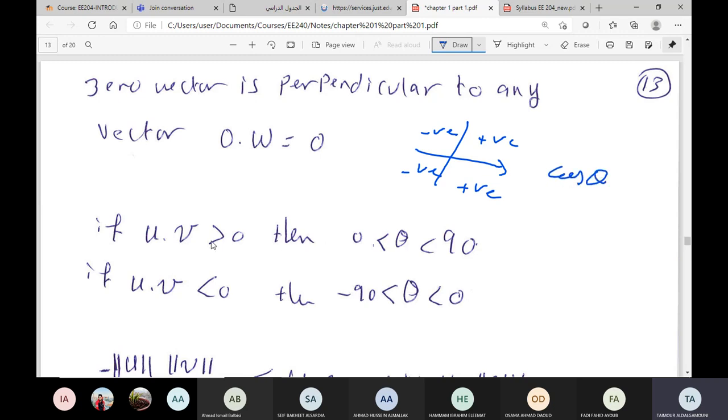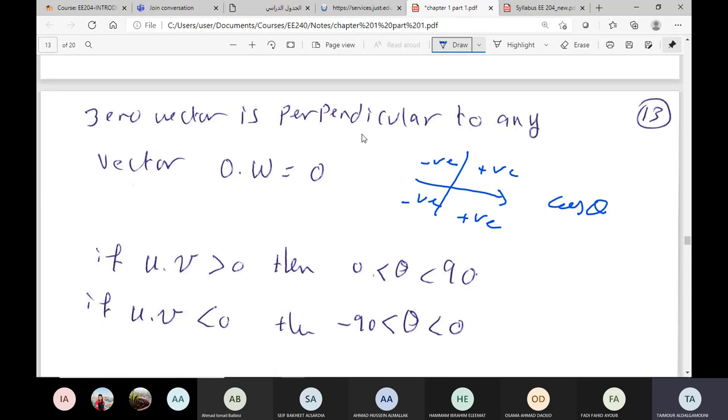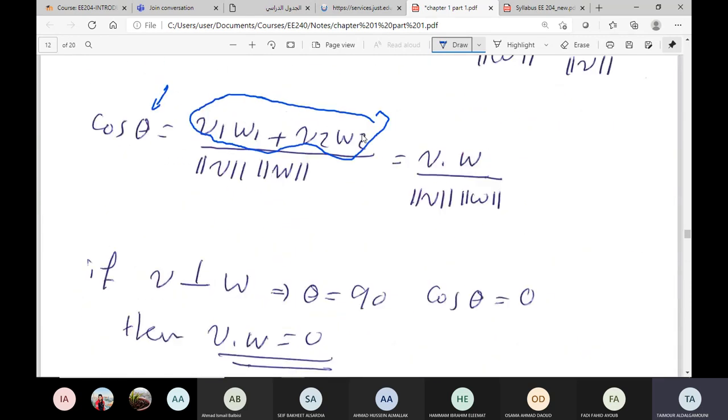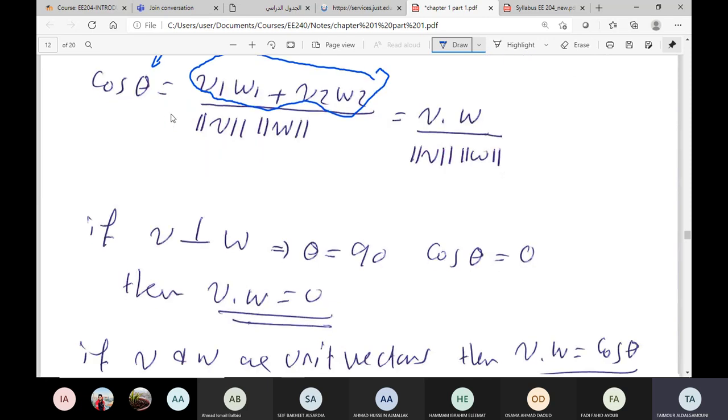So if you look at this equation, the denominator is always positive. So the sign of the cosine theta depends on the sign of the dot product. If the dot product is positive, then the cosine is positive. If the dot product is negative, then the cosine is negative.